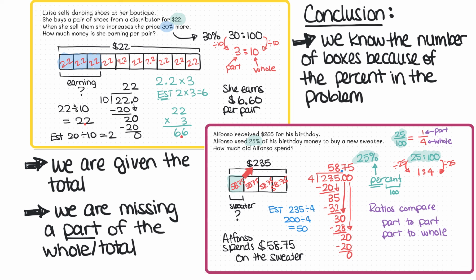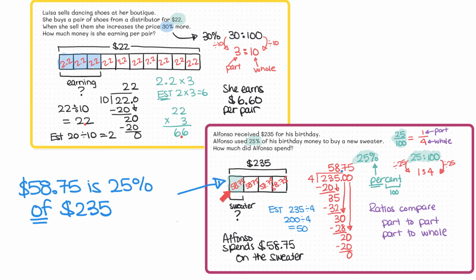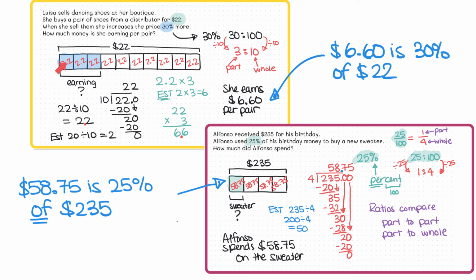The amount is actually the amount of the entire whole, which is right here. So this is a small percentage of the entire whole. So this is like saying that 58.75 is 25% of this amount of money. And in this case, this represented 30%. So $6.60 represents 30% of all of this money, or of $22.